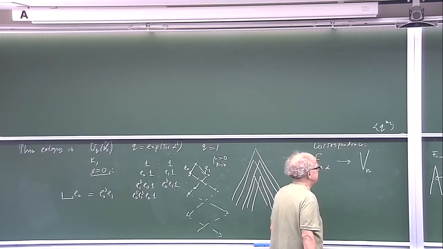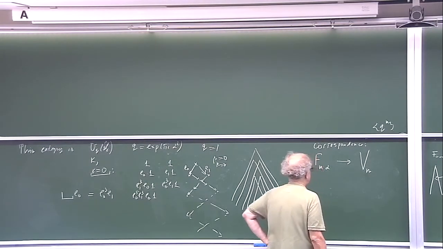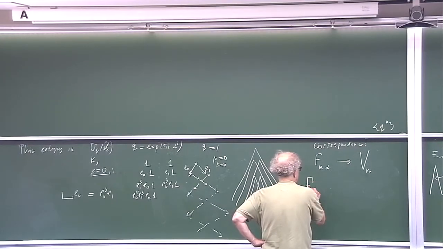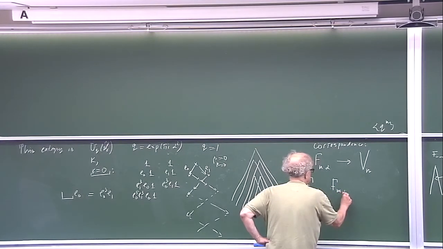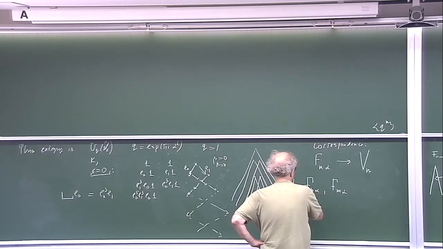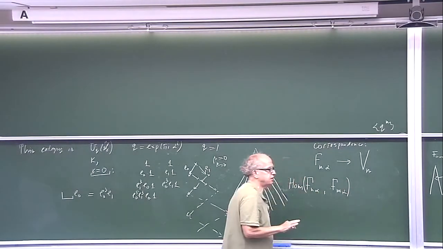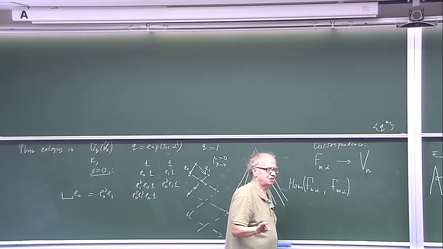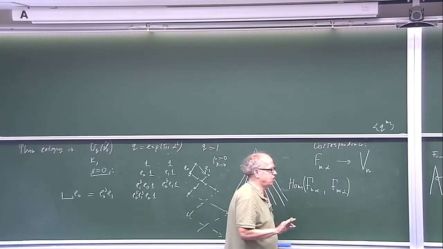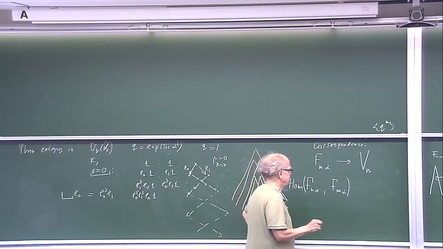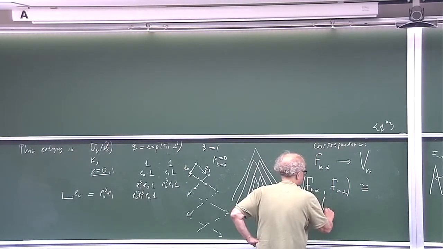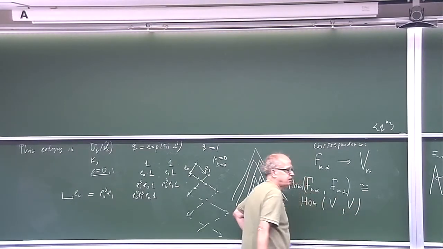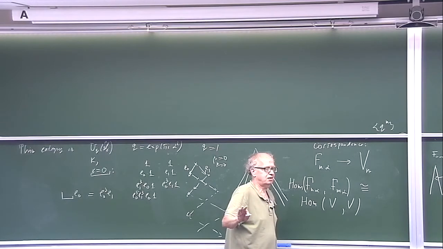And then I want to say the following: if I take F_n alpha and F_m alpha and want to determine Hom between them in this extended category, which I tried to describe before, then this space is isomorphic to the space of Hom from the corresponding Fermat to the corresponding Fermat in the quantum SL2 hat part of the story.